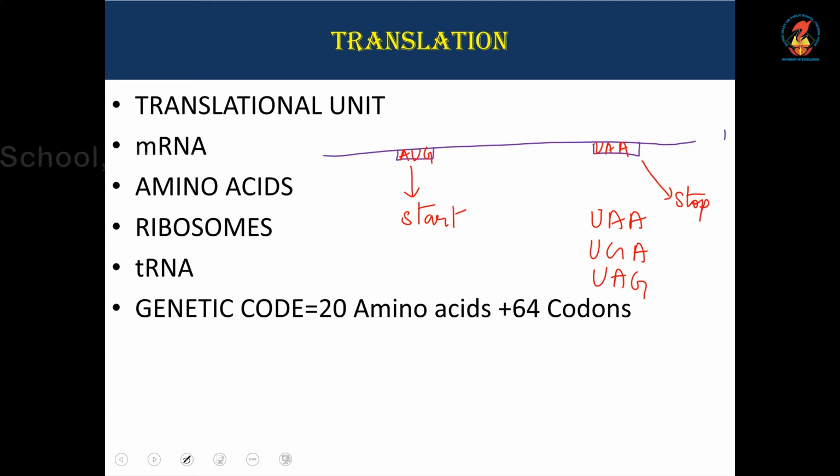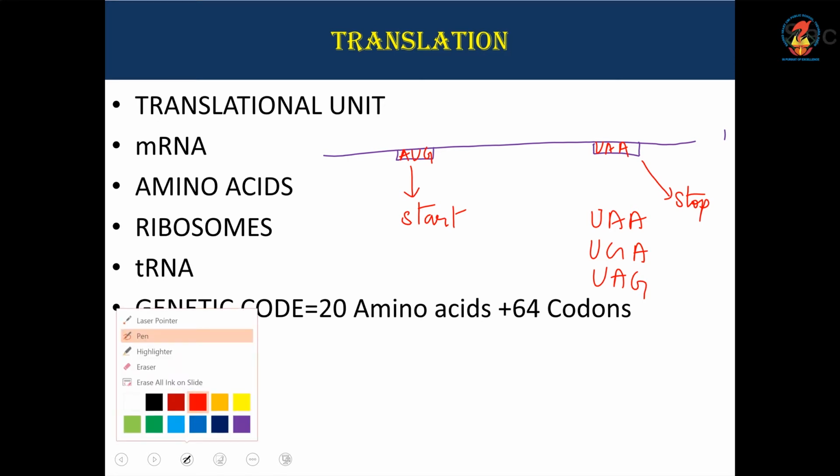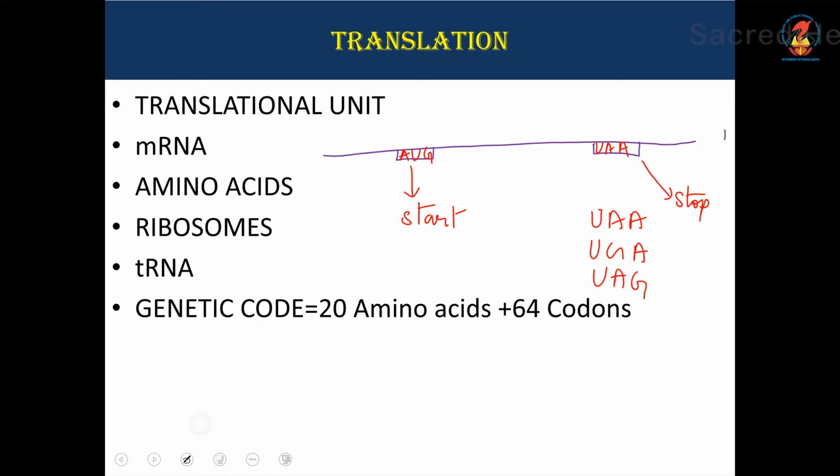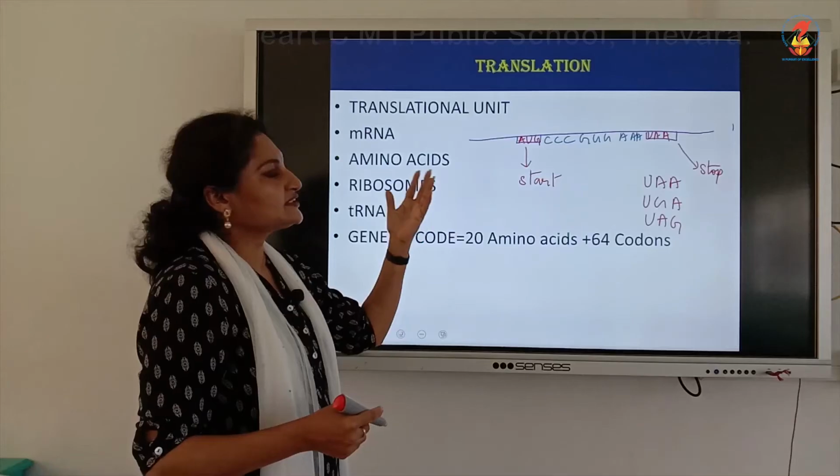Clear? What else is found between the start and stop codons? There are the other codons, and remember it should be in triplets. For ease I am going to give it with the same alphabets: CCC, GGG, AAA. Now it is easy for you to read because I have given the same alphabets, but it need not be this way.